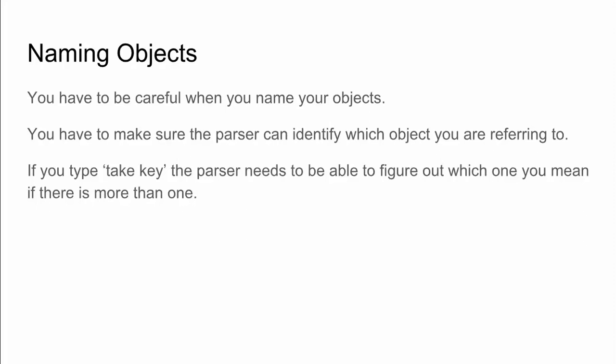Don't make a game with 5 keys. But let's say you're in a room with 5 keys and you say take the key. The parser needs to be able to figure out which one you mean. And if you don't name your objects correctly, if you're not clever about it, or if you get sloppy, the parser won't be able to figure out which one you mean. So let's look at some of the cases where problems happen, and let's look at how to fix that.